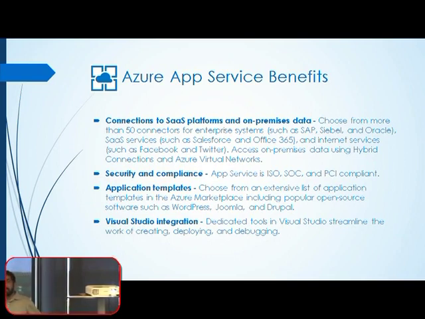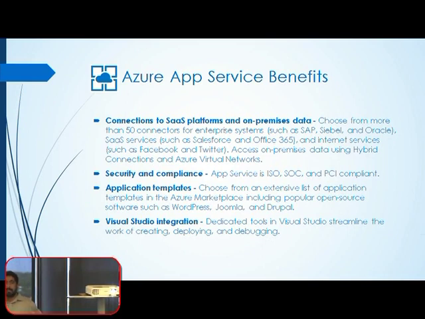The benefits that we get out of using Azure App Service is we can choose from 50 plus connectors for enterprise systems and internet services, and access on-premise data using hybrid connections and virtual networks. It's part of the Azure framework, which is ISO, SOC, and PCI compliant, so security and compliance is handled that way.